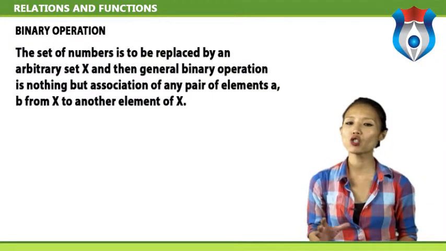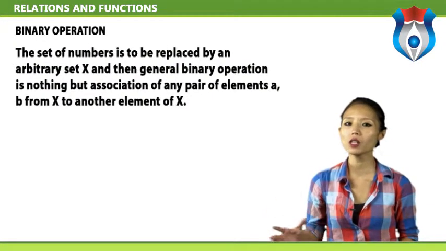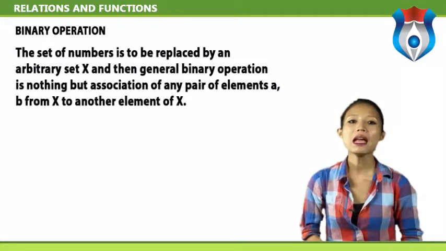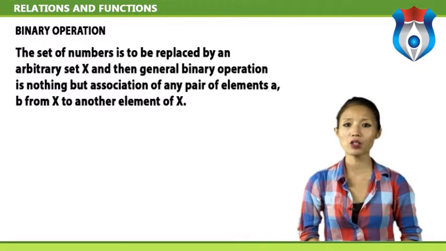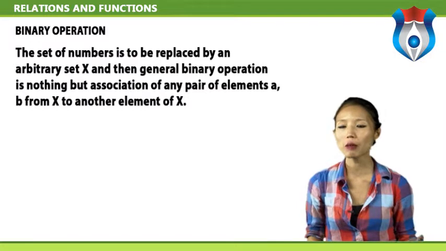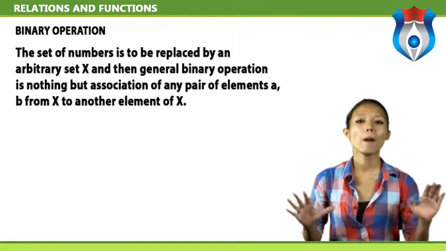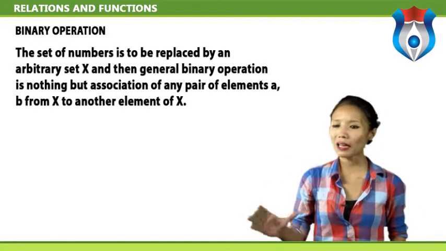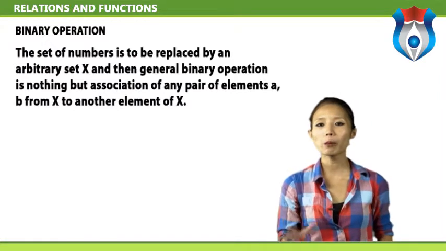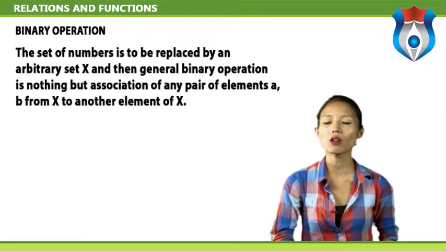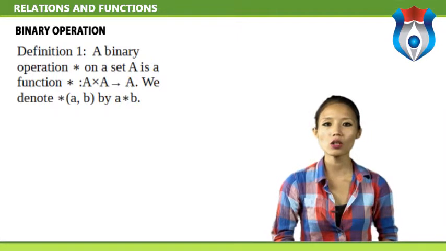If we want to have a general definition which can cover all these four operations, the set of numbers is to be replaced by an arbitrary set X, and then a binary operation is nothing but the association of any pair of elements a, b from X to another element of X. Definition 1.